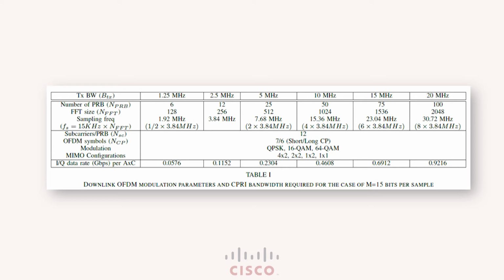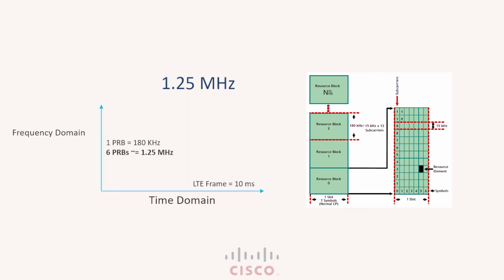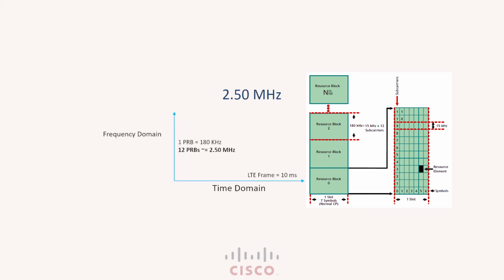Considering the resource blocks in the transmission bandwidth fill up around 90% of the channel bandwidth, the amount of resources we need to allocate is always less than the numbers that you see on screen. Now, as examples, a 1.25 MHz channel bandwidth can be allocated using 6 physical resource blocks. 2.5 MHz channel bandwidth can be allocated using 12 physical resource blocks, and so on.